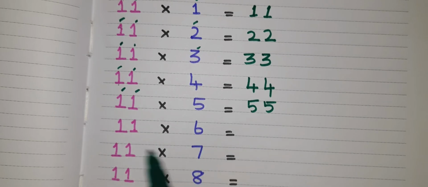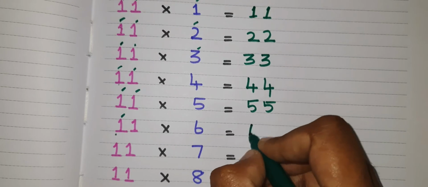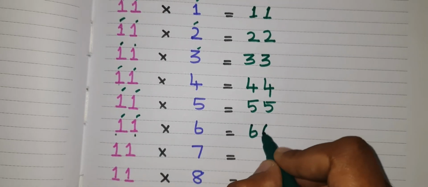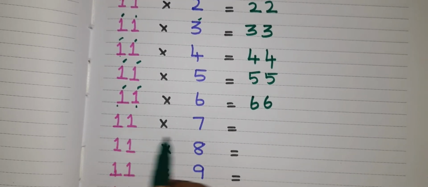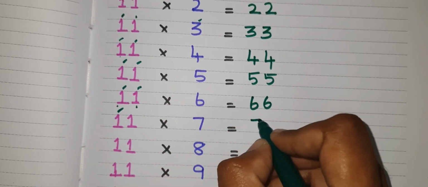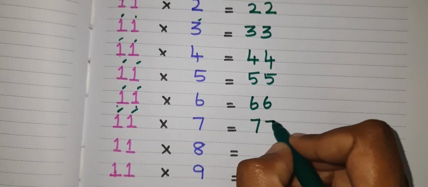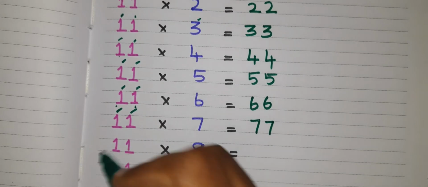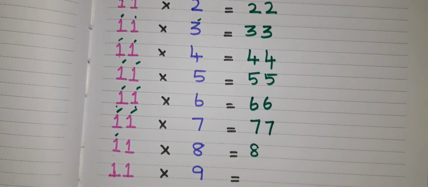11 into 6 equal to 1 into 6, 6. Next 1 into 6, 6. That is 66. 11 into 7 equal to 1 into 7, 7. 1 into 7, 7. 77. 11 into 8 equal to, let's take this 1 into 8, 8.